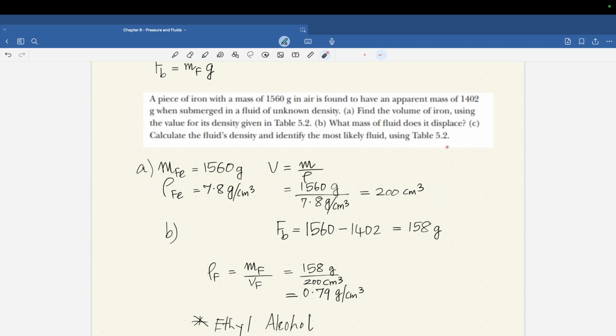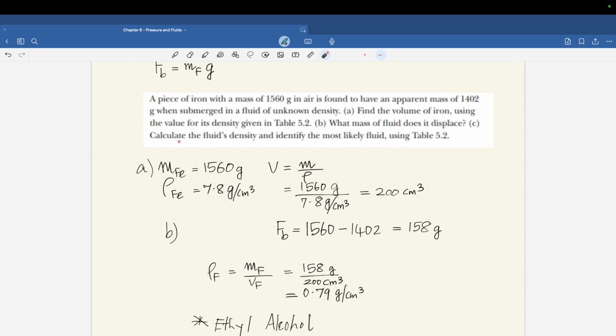Okay, B part. What mass of fluid does it displace? That's easy. How do we know? Because the mass of fluid it displaces must be equal to the loss of mass. Let me say it again. Whatever is the apparent loss of mass, that should be equal to the mass of fluid displaced. So we got that.